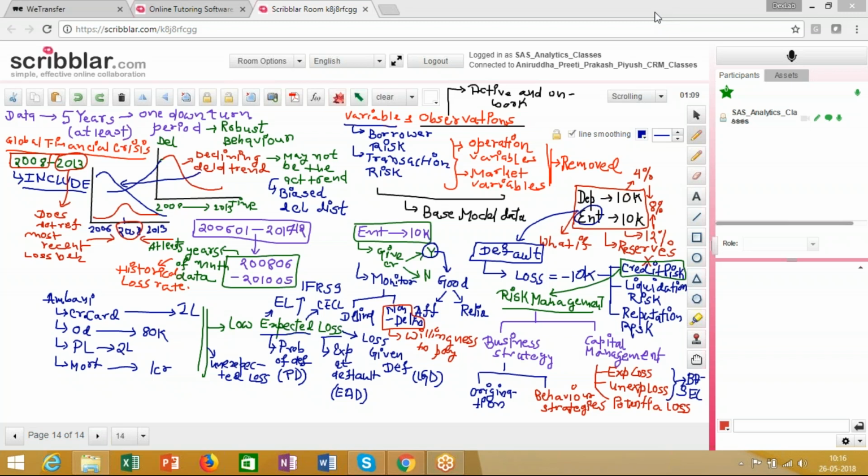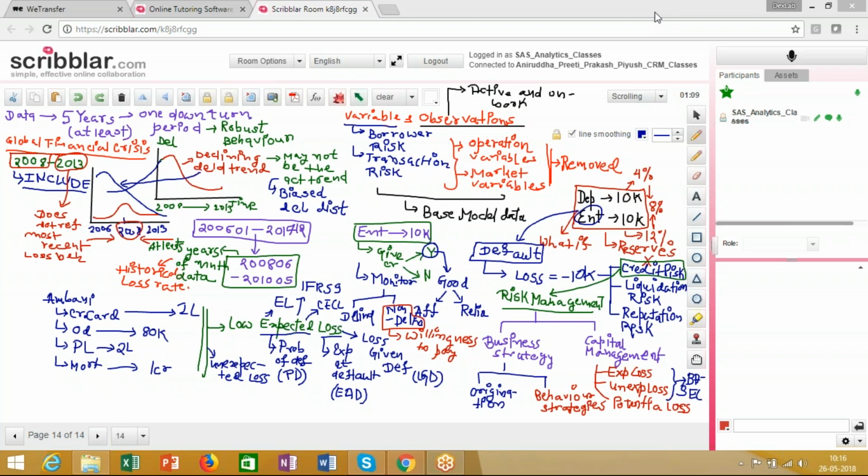Now, the next thing that we talk about. When I give him the loan, I have an idea that this borrower has so and so chances of default.